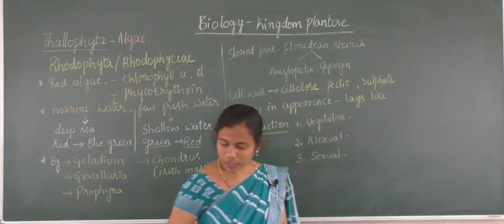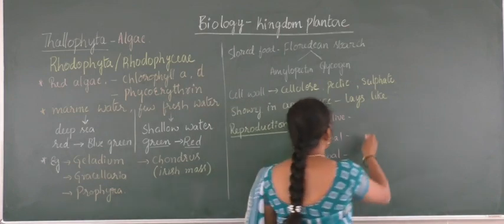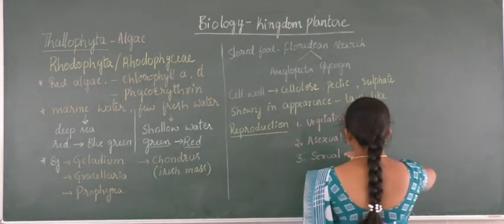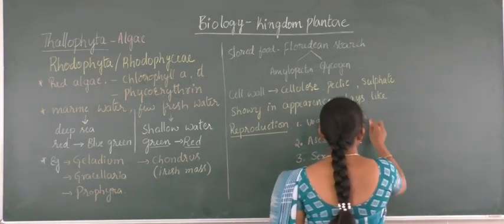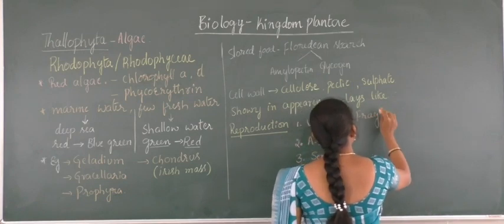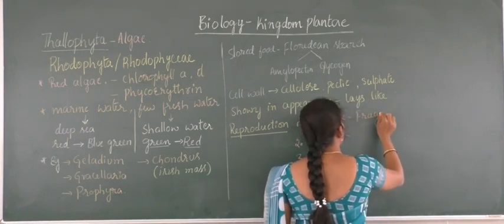In the vegetative method of reproduction, they form by fragmentation. The part of a plant body is cut into many pieces, and each piece is going to develop into a new individual organism, and the method is called fragmentation.